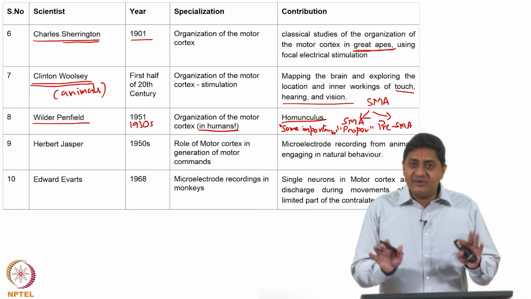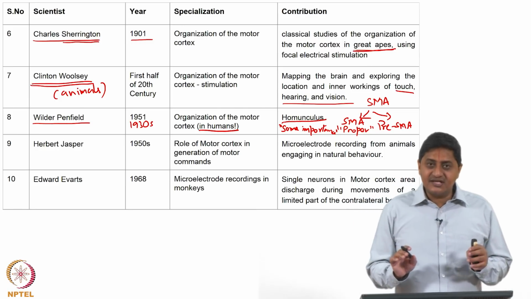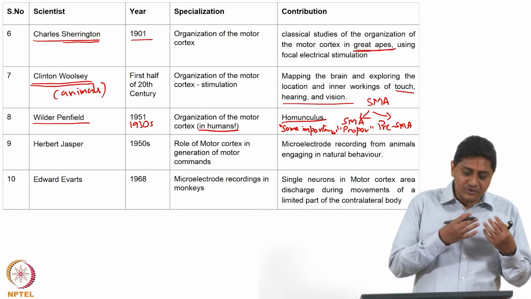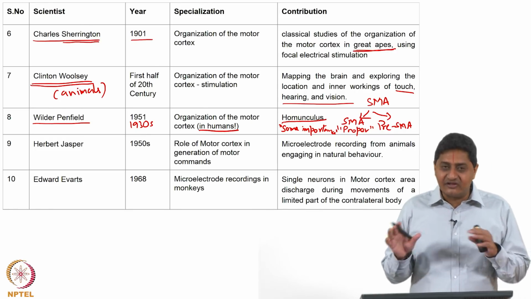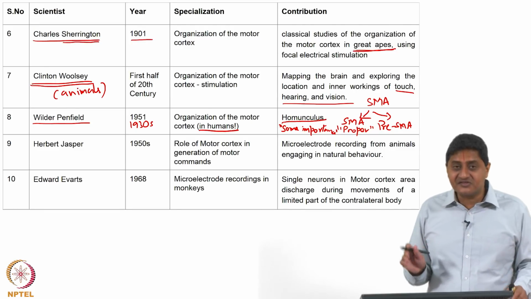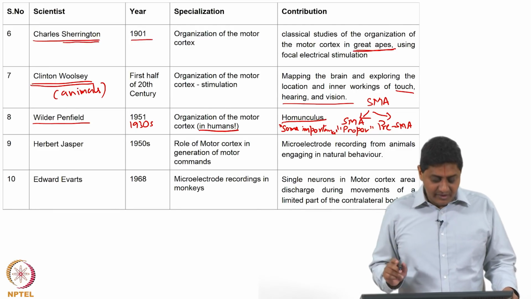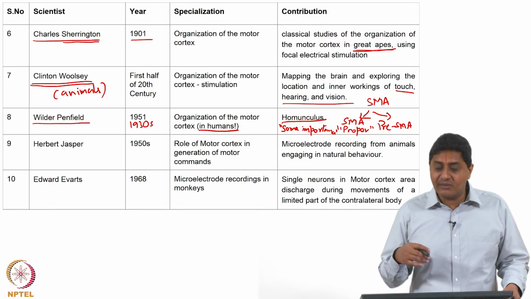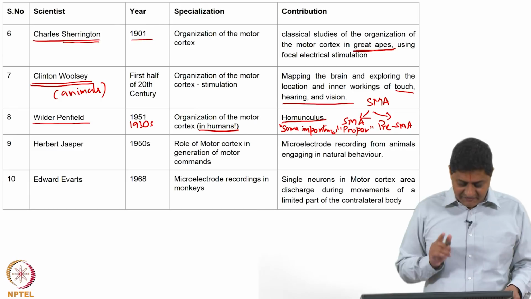Actually, Wilder Penfield never made any such claims. He just said that there is disproportionate representation of the hand, fingers and the face. So, that is the claim that is made. He was cautious enough to avoid such claims, but it would be tempting for students to come up with exaggeration. So, one should avoid that actively.